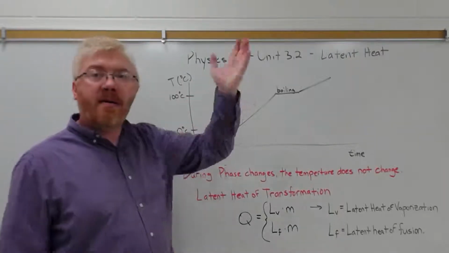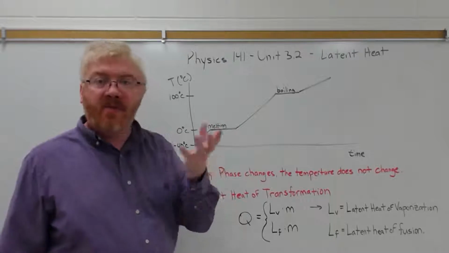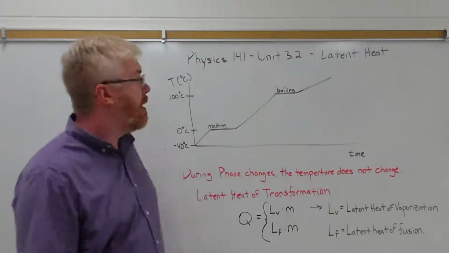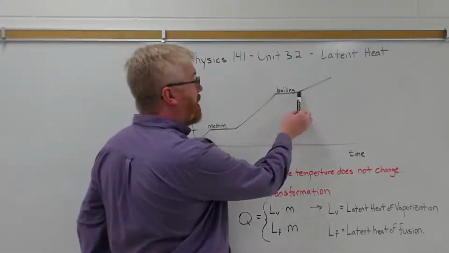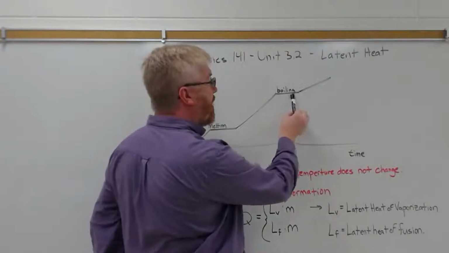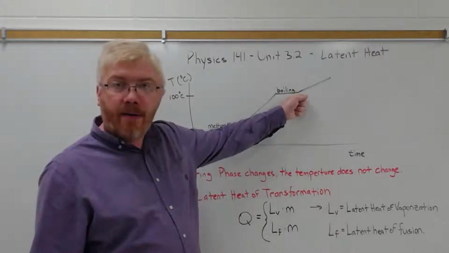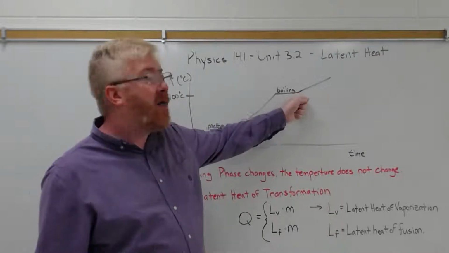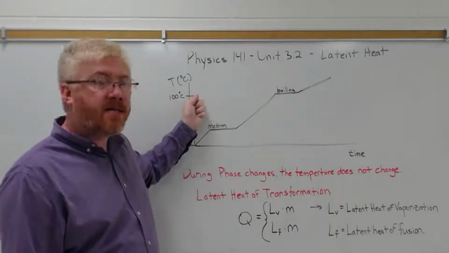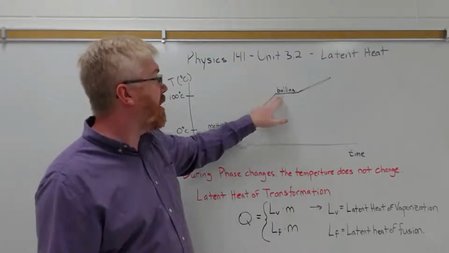So it basically creates water vapor to keep the water at 100 degrees Celsius. When you're done boiling away all of the water, the water vapor you have is at 100 degrees Celsius. Again, this is another phase change from liquid to gas.